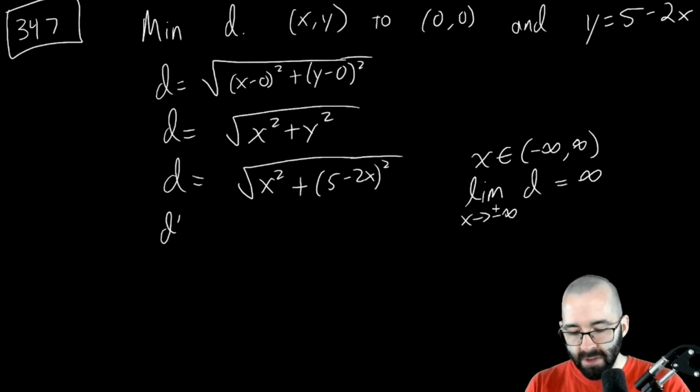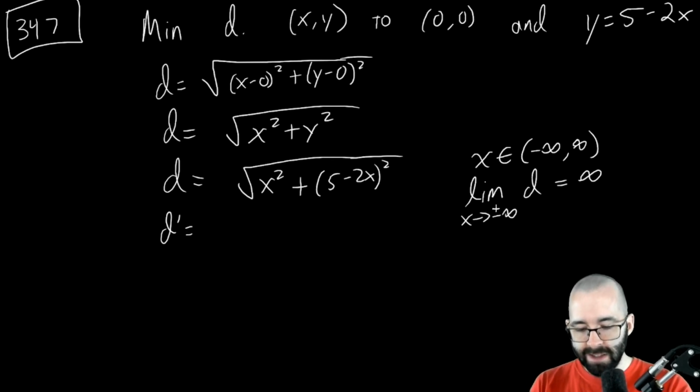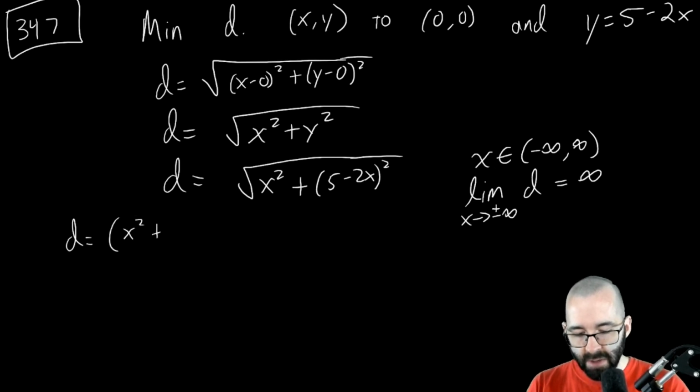So take the derivative. D prime, let's rewrite this first. This is going to be interesting. X squared plus, let's FOIL this out: 25 minus 20x plus 4x squared, all raised to the 1/2, and simplify the inside.